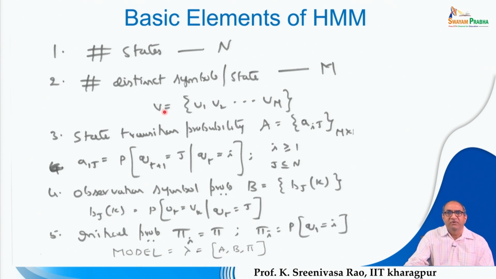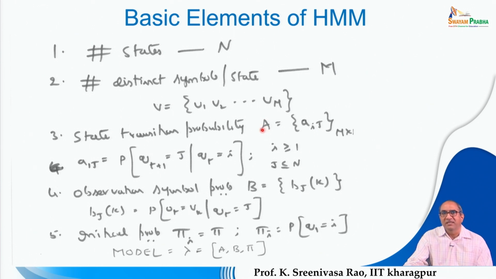This can be viewed as a set V consisting of distinct symbols V1, V2 up to Vm. And then the state transition probability, which we know from a discrete Markov process. A is the state transition probability matrix.